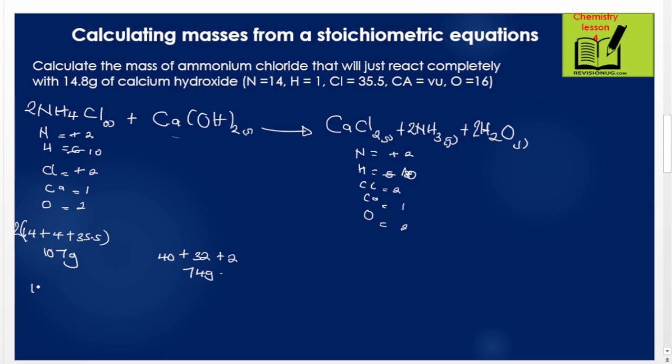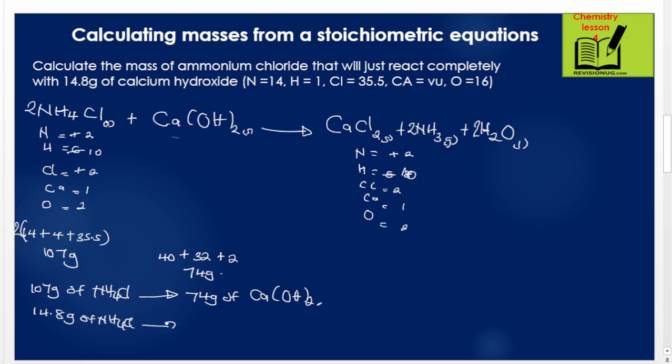It means that 107 grams of ammonium chloride react completely with 74 grams of calcium hydroxide. How about if we use only 14.8 grams of ammonium chloride? We are going to get 14.8 out of 107 times 74.